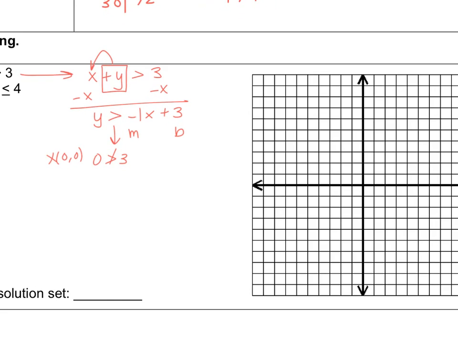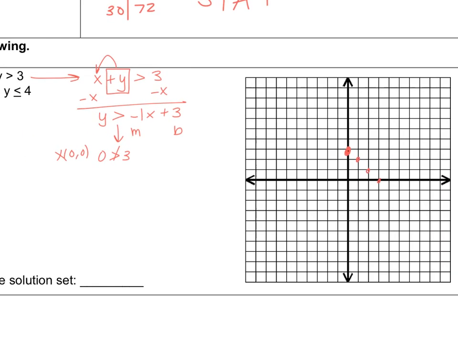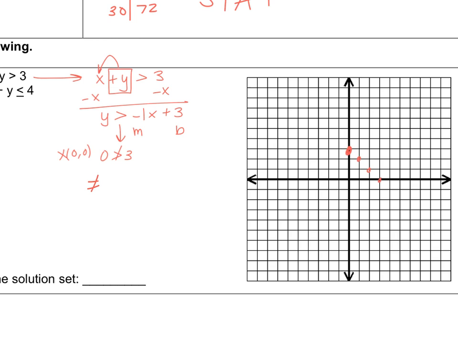So I'm going to graph my y-intercept at 0, 3. And I want my slope to be negative 1. So it'll be down 1, right 1, down 1, right 1, over and over. It is a not equal. So since it's not equal, we're going to have a dashed line.